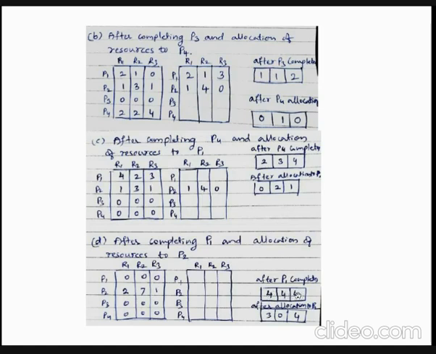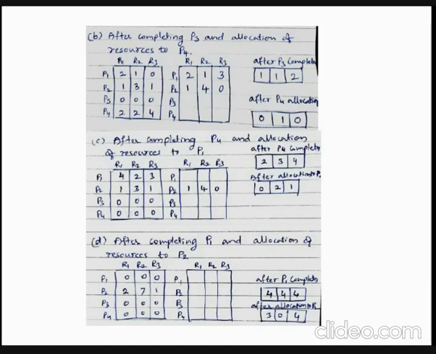So now if you look at the requirement of P2, it is 1, 4, 0. So with these available resources, we can satisfy the request made by process P2. 1, 4, 0. It can be easily satisfied. That's why suppose if you allocate resources to P2, then the free resources will be updated as 3, 0, 4.